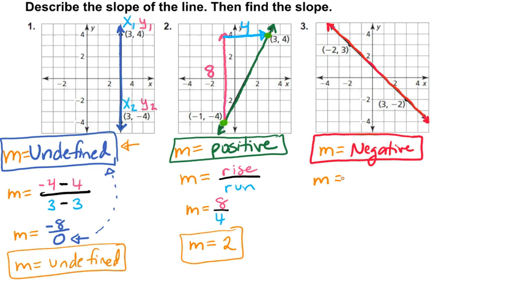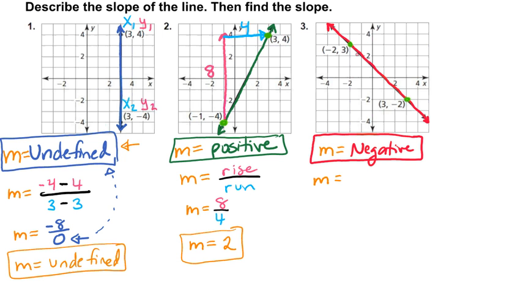So we have a couple choices. We could either count it with our rise and our run, or we could plug it into our formula. Either way. So let's take our values. We were given the -2, 3, and we were given the 3, 2. Let's go ahead and count those.